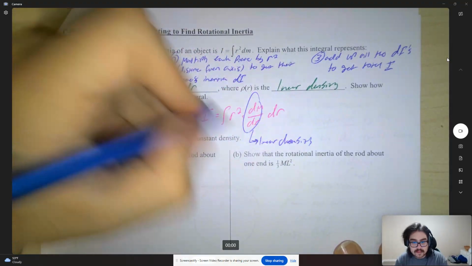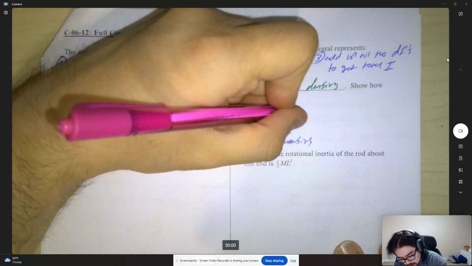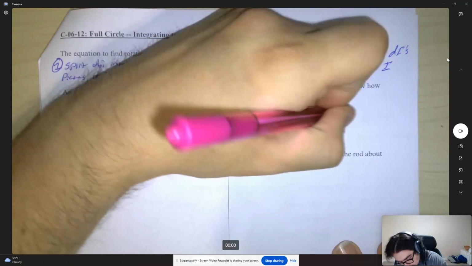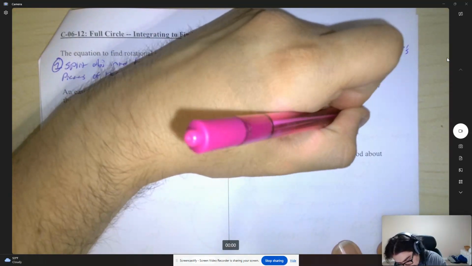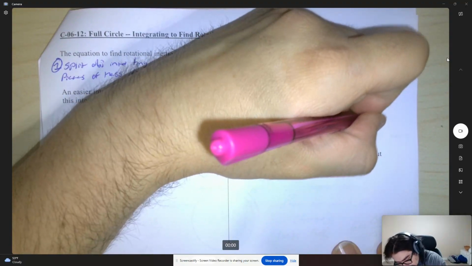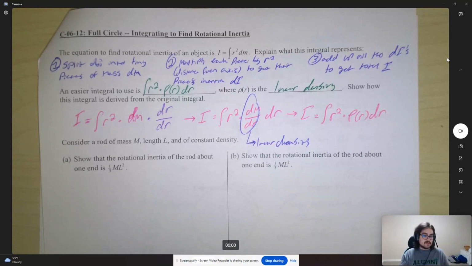And so then you would get I equals the integral of r squared times the density function with respect to r, dr.